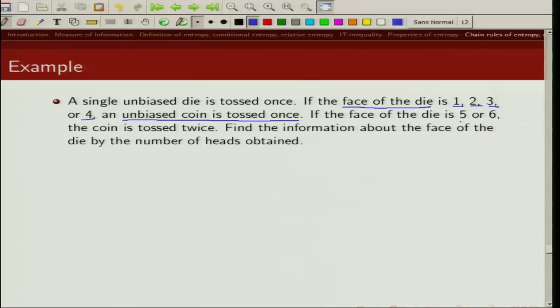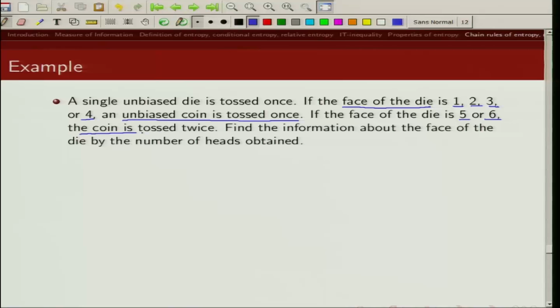An unbiased coin is a coin which has head and tail. If the outcome of the dice is 1, 2, 3 or 4, I am tossing a coin once, and if the outcome of the dice is 5 or 6, then I am tossing the coin twice. And this is a fair, unbiased coin which I am tossing.